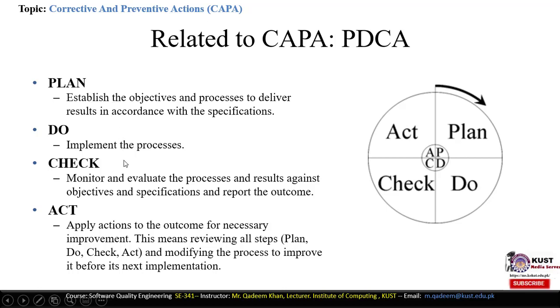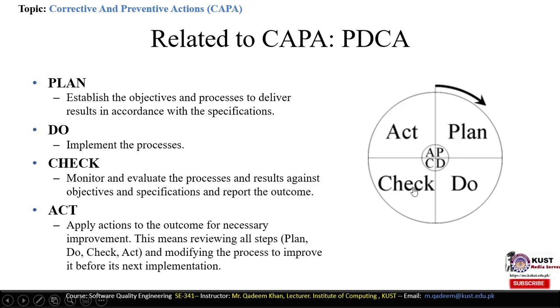Now, all these four steps should be performed in an iterative fashion. For example, first we perform the act, then plan, then do, and then check. And after check, again act, plan, do and check should be performed, because in the software industry our products are changed frequently, and the underlying technology is also changed frequently.